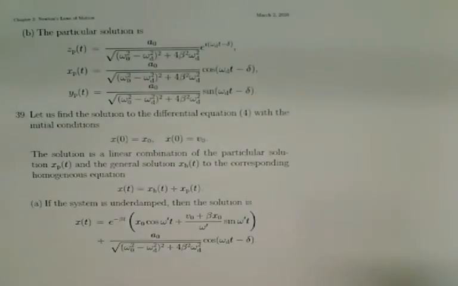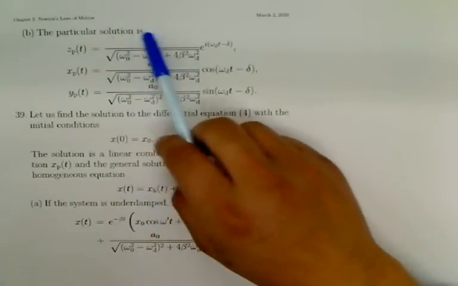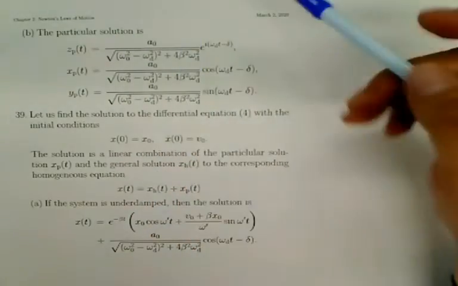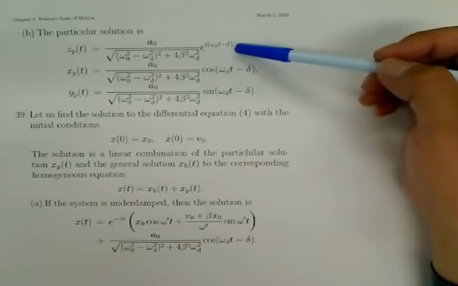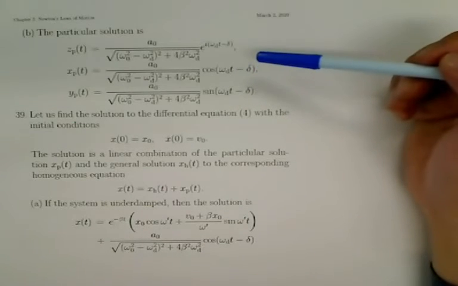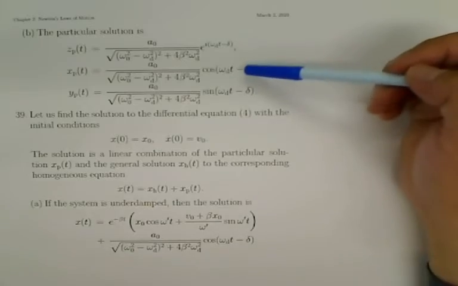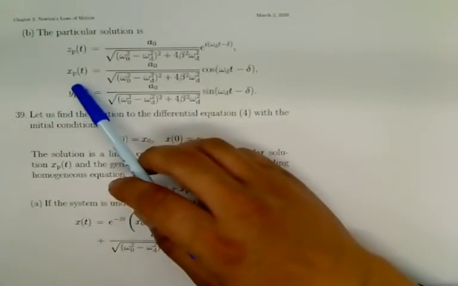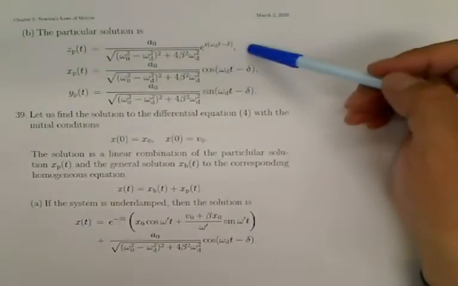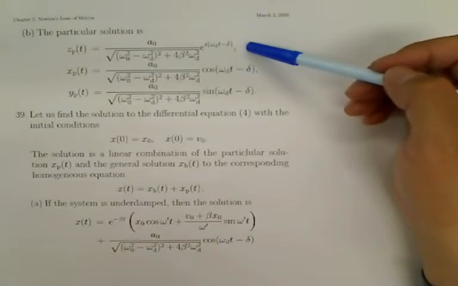Once the calculation is all done, the particular solution has this factor in exponential form. When the driving force is a cosine omega t, the final result is obtained by taking the real part of this complex function.